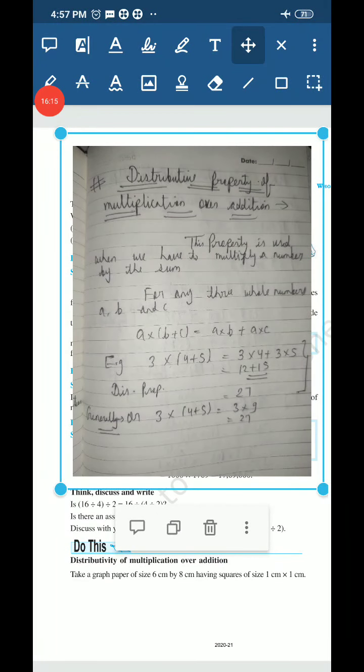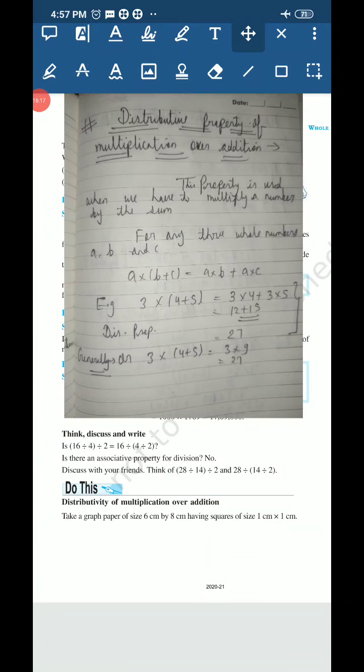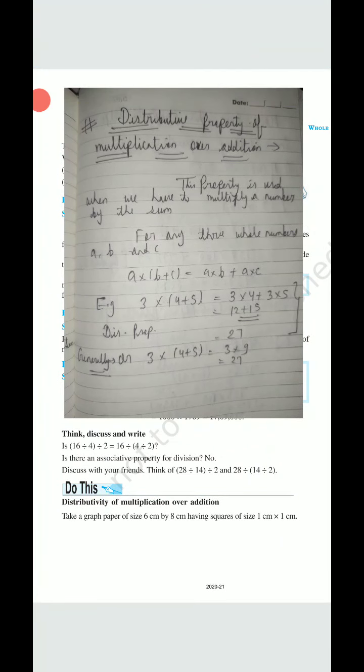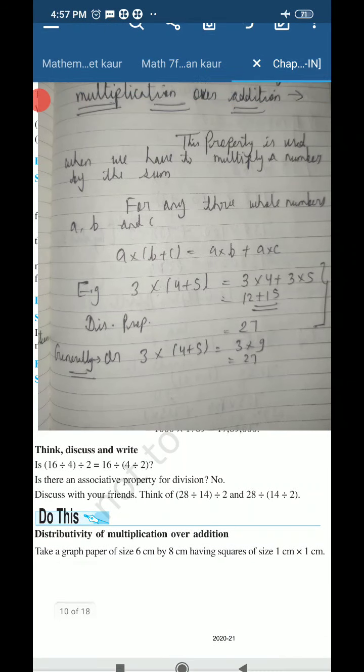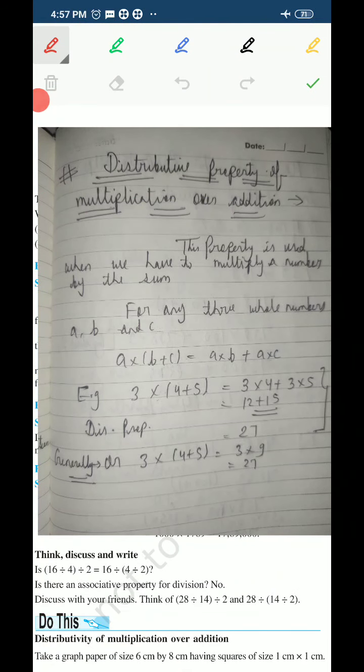Now let's come to the next property, and the next property is the distributive property. The distributive property of multiplication over addition. So what does it mean?